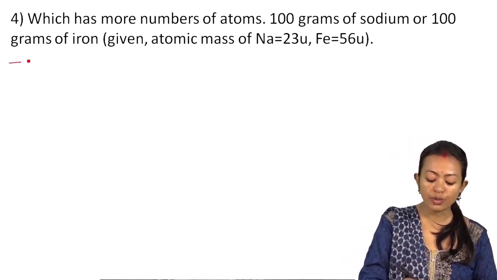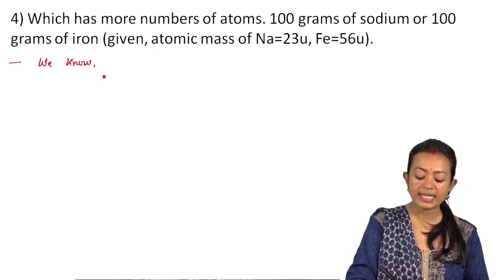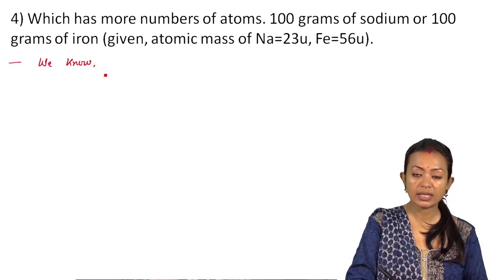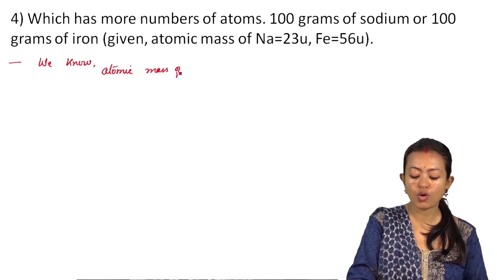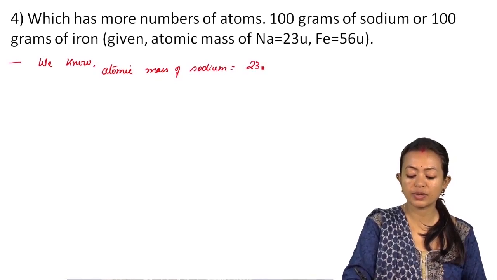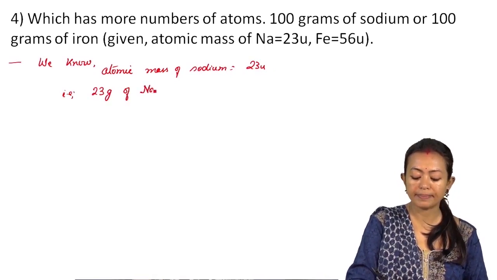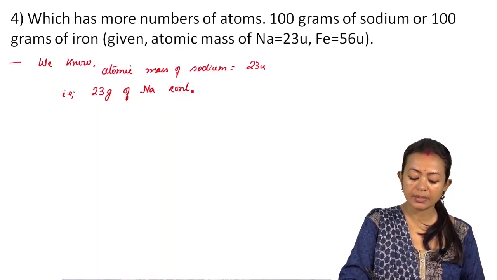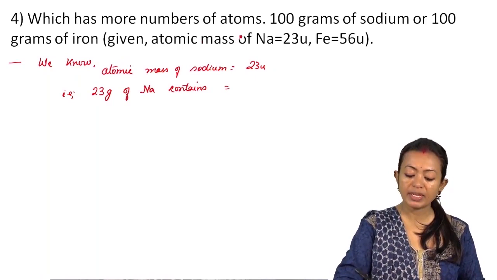Now we know that the atomic mass of sodium is equal to 23 unit, that is, 23 gram of sodium contains how many atoms?